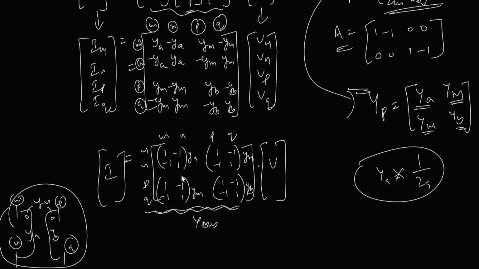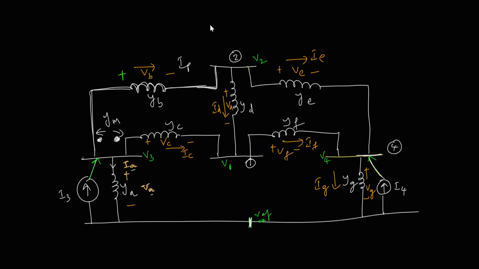Now what we do is, first we try to build the Y-bus. This is the same network I am working on, and we have also been given the values for these line admittances. Let us not take the admittances right now.